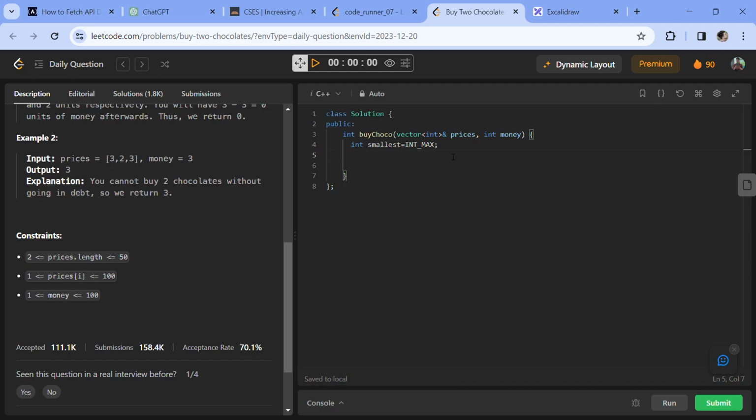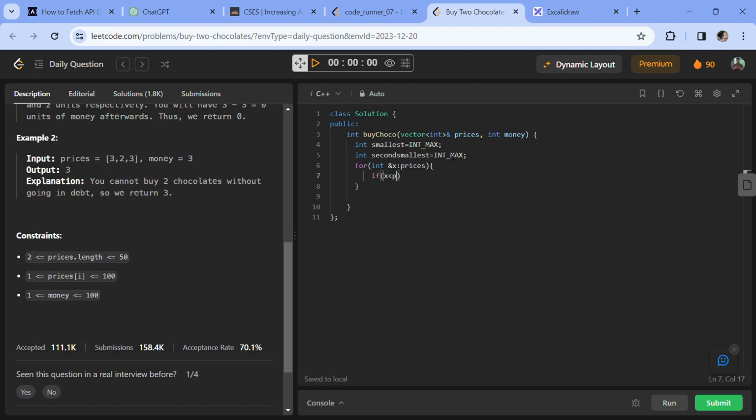Our smallest will be initialized with INT_MAX, and our second variable, the second smallest, will be initialized with the same INT_MAX. Then we simply iterate the for loop over prices and check the condition.